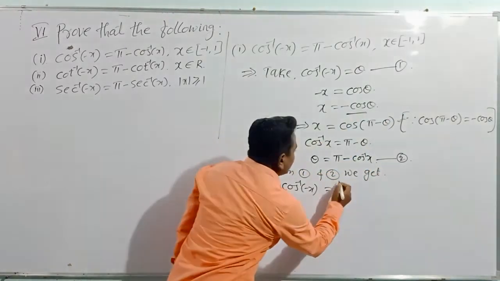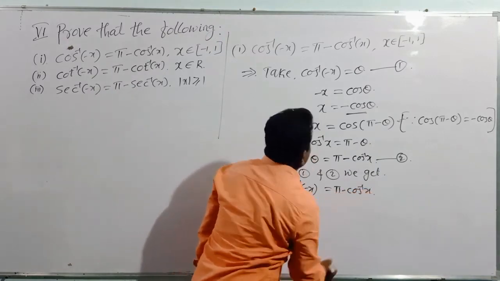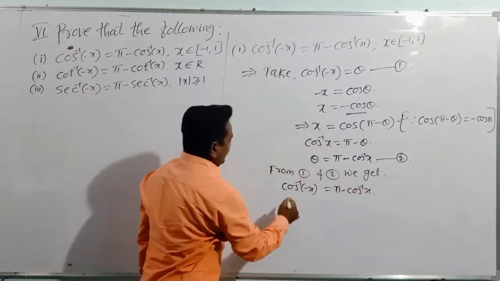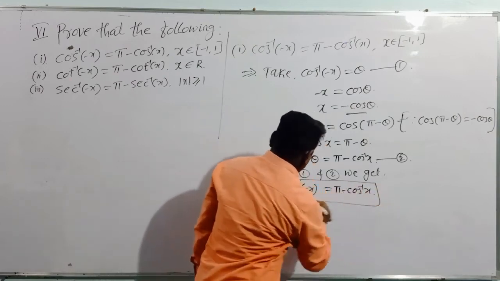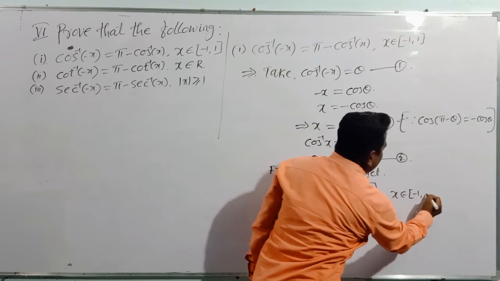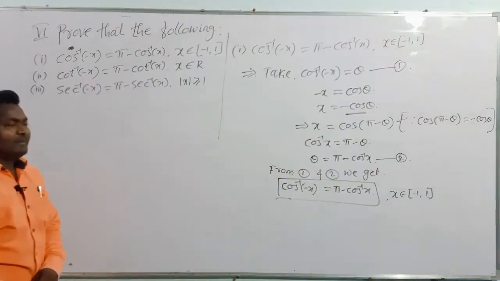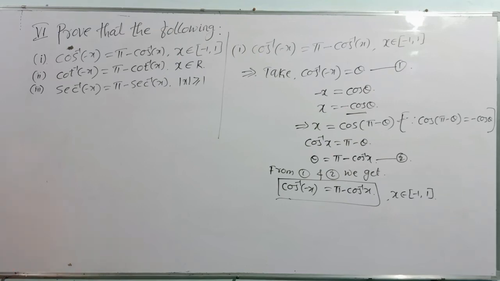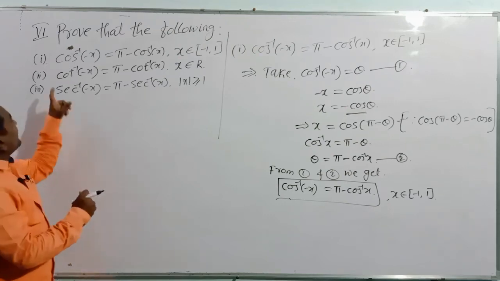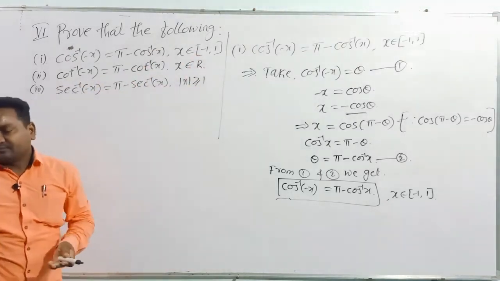So cos inverse of minus x equals pi minus cos inverse x, hence the proof. Its condition is x belongs to the closed interval -1 to +1. Now in the same way, let us prove the second property, that is cot inverse of minus x equals pi minus cot inverse x.